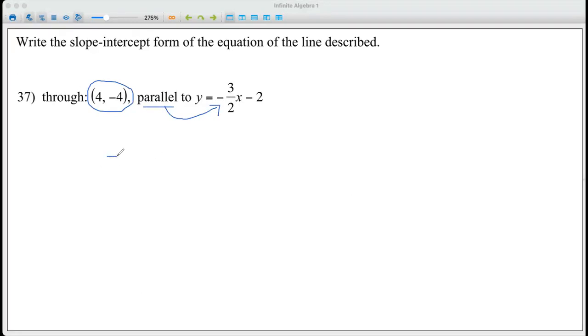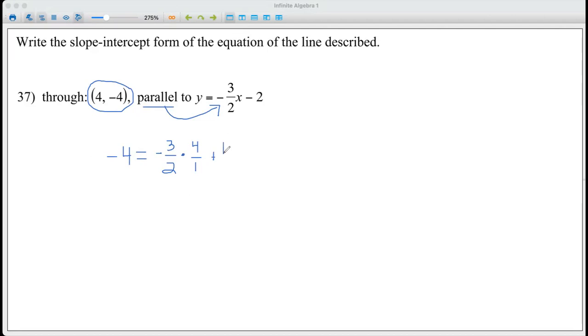So let's see, y is -4, y equals mx plus b. -4, I'm getting that from the point I circled in blue, equals m. M is going to be the same slope, so -3/2 as the given line, times x. X is 4, so I'm going to speed the process up by writing that as 4/1, because I'm going to have to simplify, plus b.